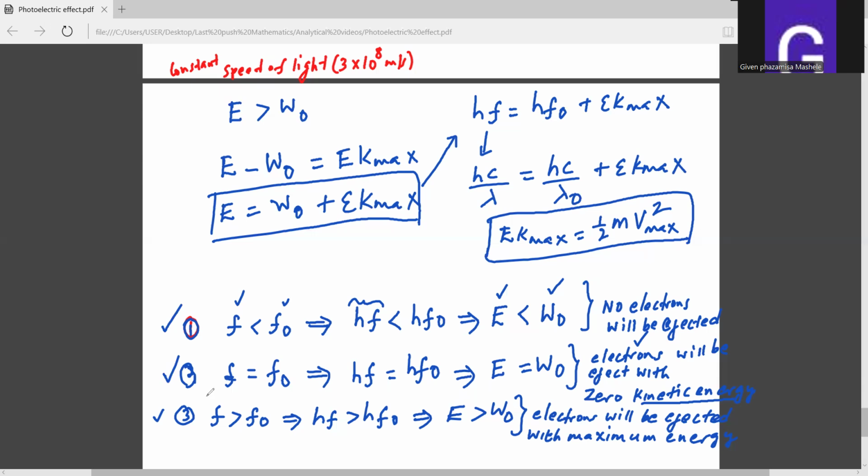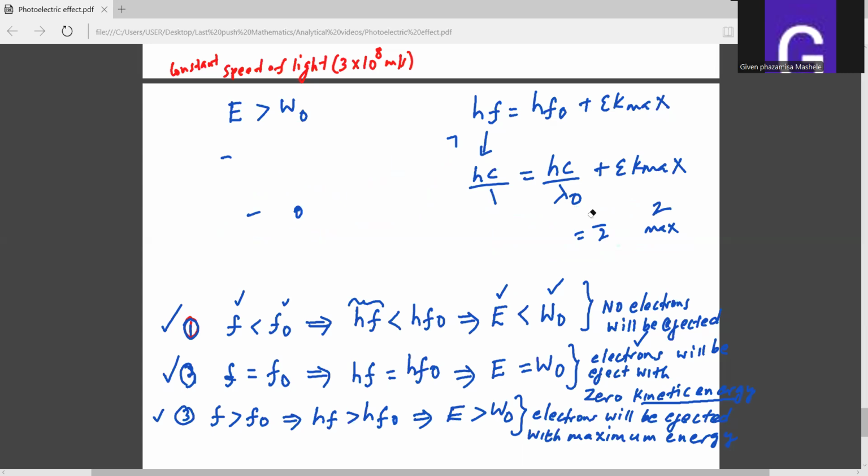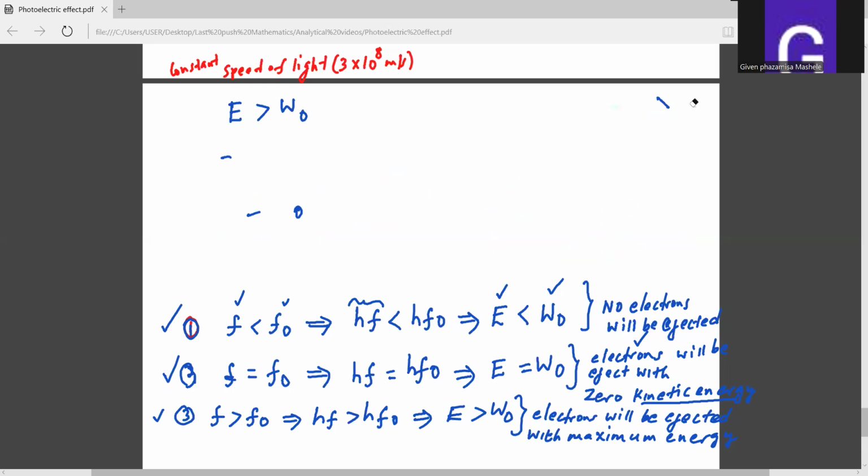I want us to investigate further, because this is very, very important, especially on the photoelectric equation, because there's something very important that one must be able to understand here.